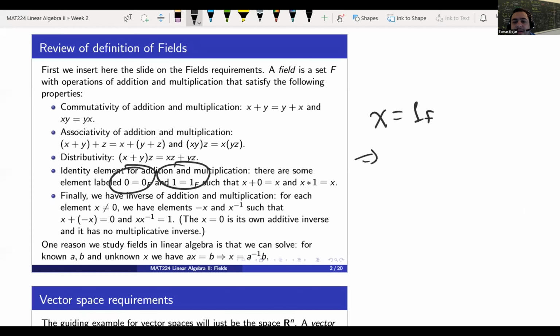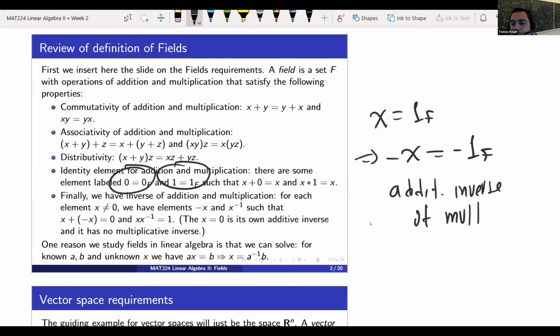So its additive inverse is -x, which is -1F. Is that okay? So this is the additive inverse of the multiplicative identity. Great.